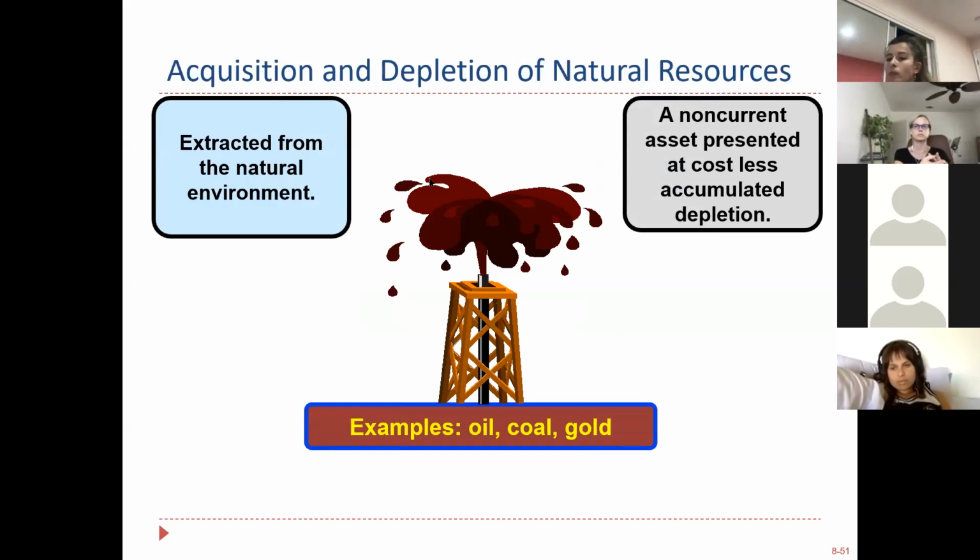Here, we're depleting a gold mine, a coal mine, an oil well, a forest, sadly. You deplete natural resources. They come from the environment. They come from God, right? A non-current asset presented at cost. We don't need to worry about that.